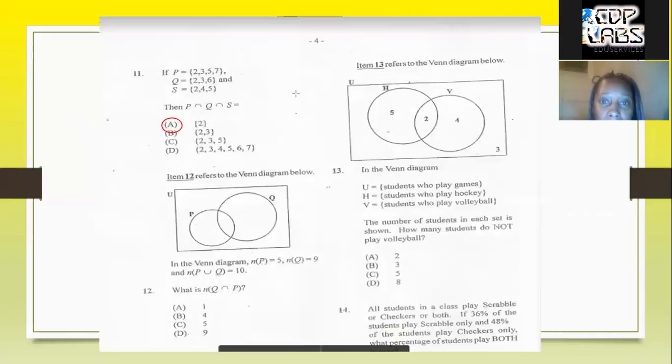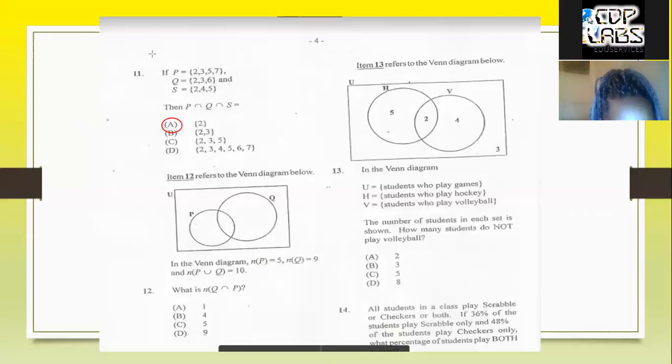Number 12 is a Venn diagram. The number of elements in P equals 5. The number of elements in Q equals 9. And the number of elements in P union Q equals 10.